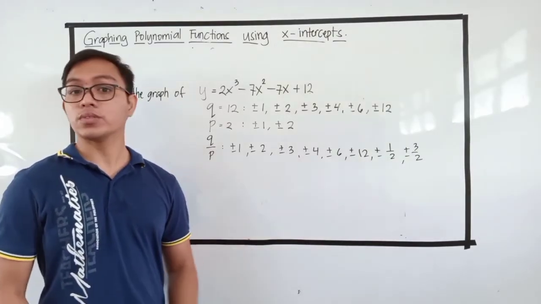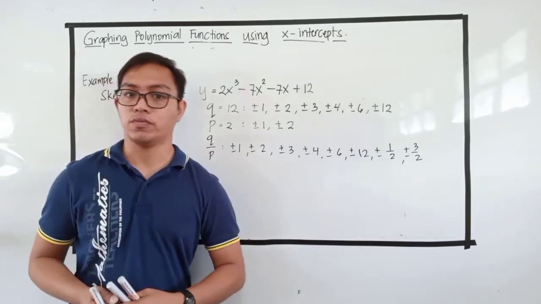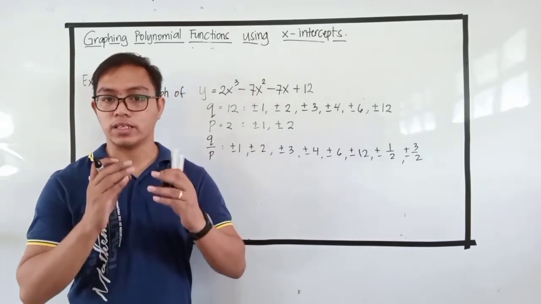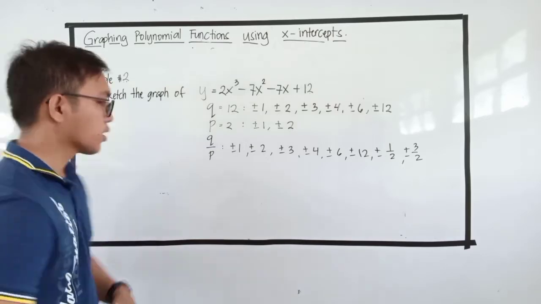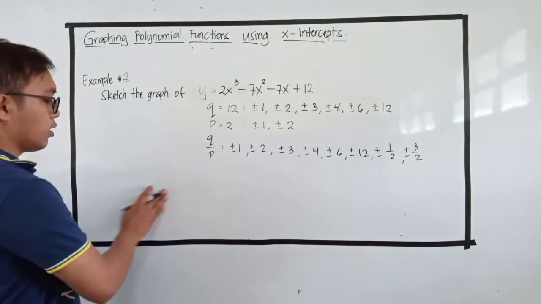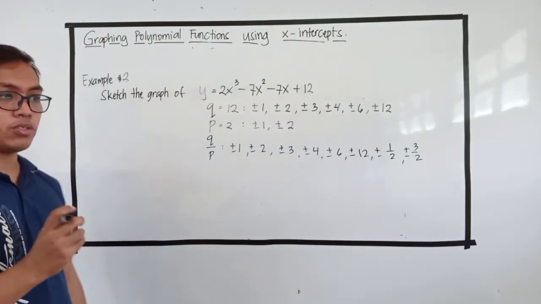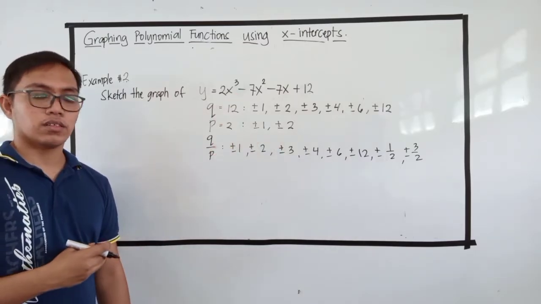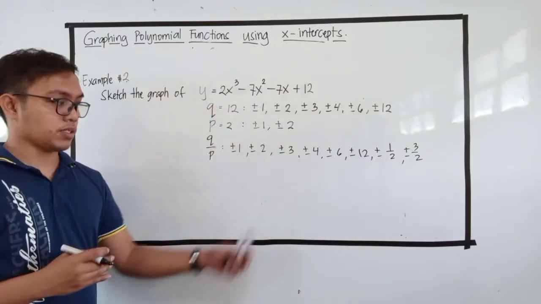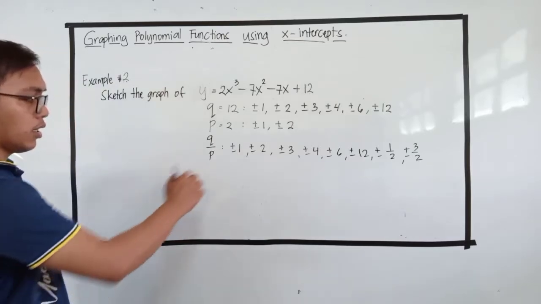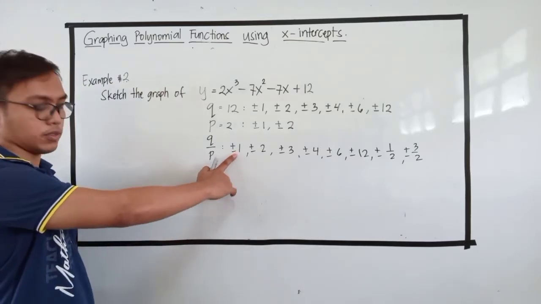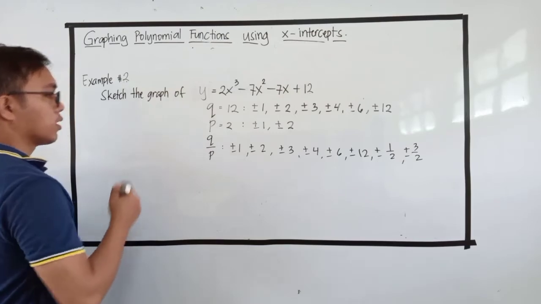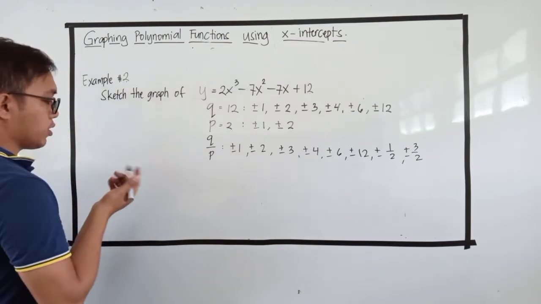If we get those roots, we can convert them into factors and get the x-intercepts. So the next step is we need to divide our function by one of these possible roots. Let's use the simplest, 1. We're going to use synthetic division here.